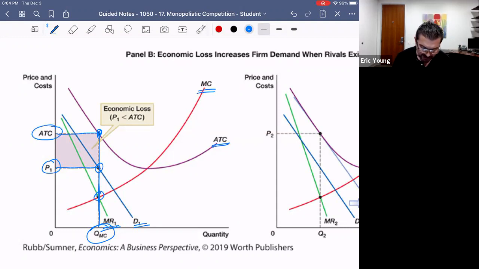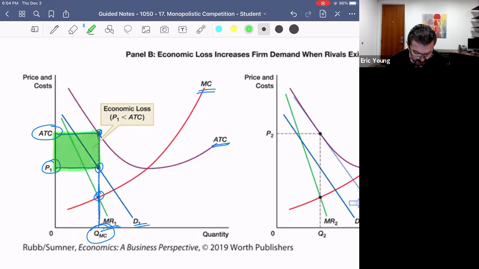Once again, we have our boxes. In this case, our total revenue, P times Q, is here. Our total cost, ATC times Q, is here. And our leftover box would be, in this case, right here.